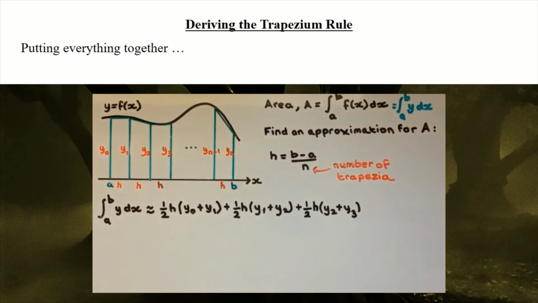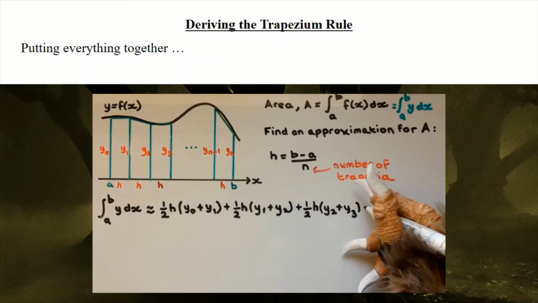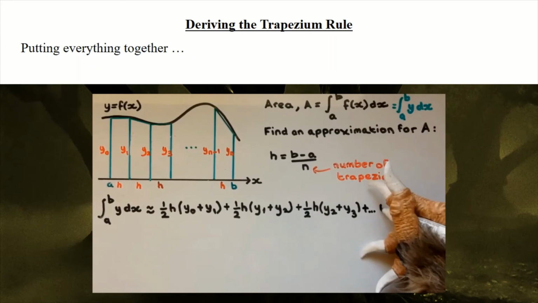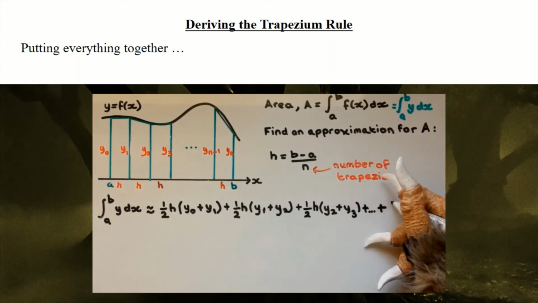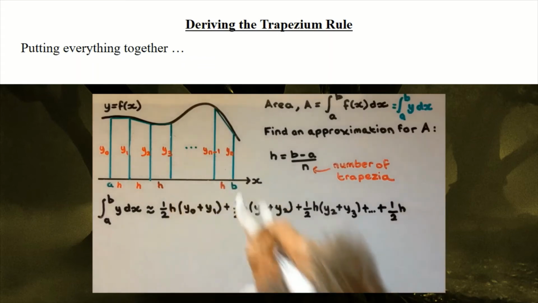Alright, and then let's just skip a few. Obviously we've used the 3 that are on the diagram. Let's be consistent. Now we're just going to have the same thing over and over again until we get to the final trapezium, which is this. So it's going to be plus dot dot dot, and the final trapezium's area, which is going to be 1/2 of h, and then I add the 2 parallel sides together.